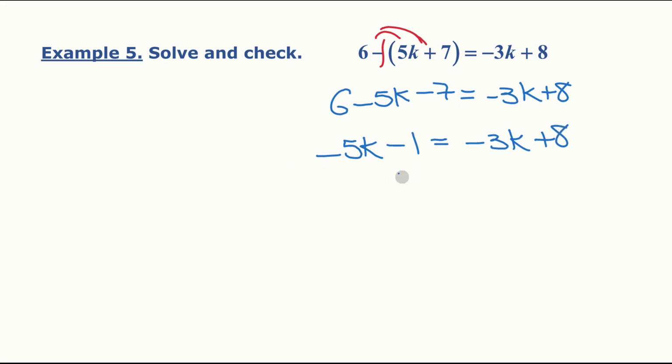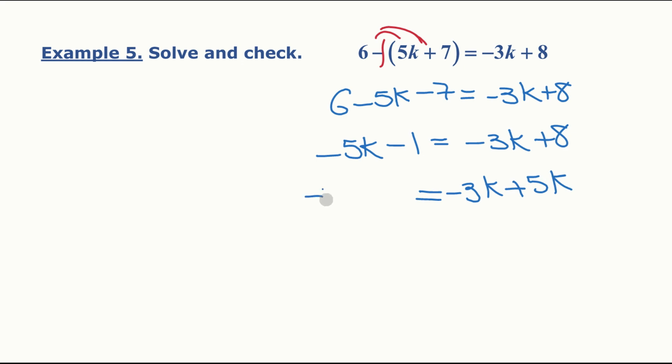And we go ahead and at this point separate. We notice that the variable expression with the larger coefficient is on this side, so we'll move the k's to that side. Remember, change sides, change signs. I'm going to keep the -3k here. I'm going to move the -5k over, so it becomes plus 5k.